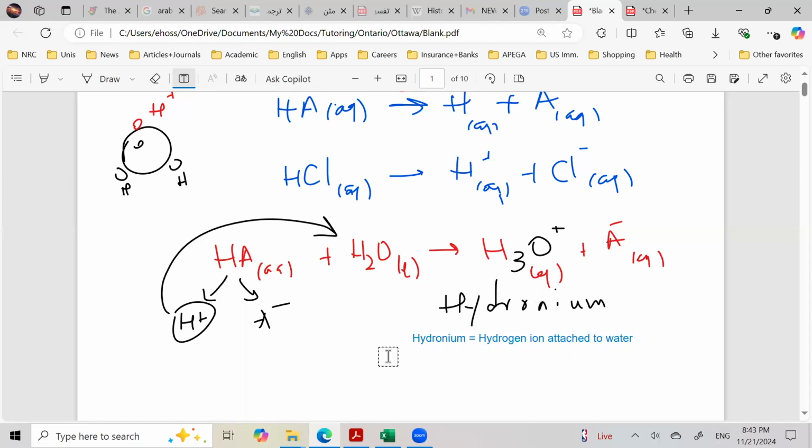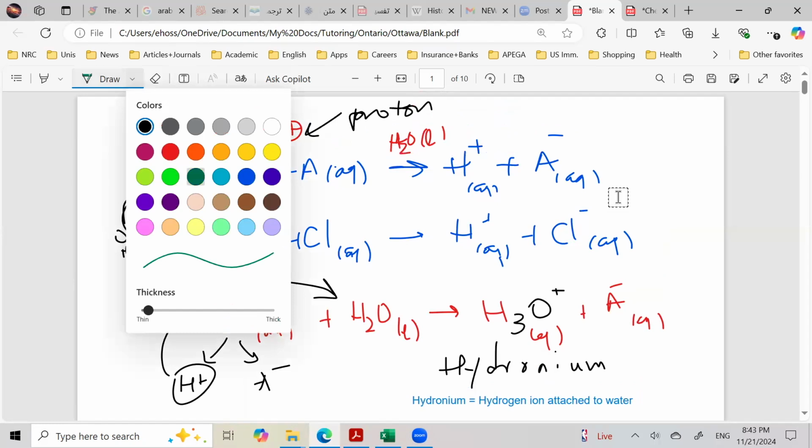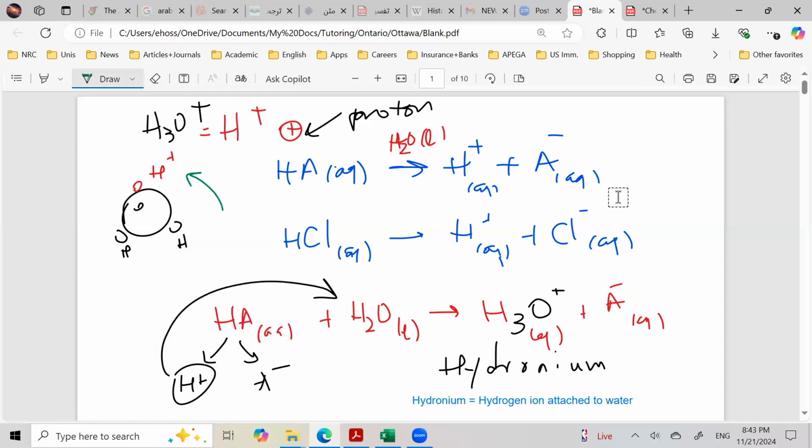If you have a hydrogen ion that is attached to a water molecule, we call it hydronium ion, H3O plus. So the number of hydronium ions is basically representing the number of hydrogen ions, right? Because hydronium ions have hydrogen ions attached to them.